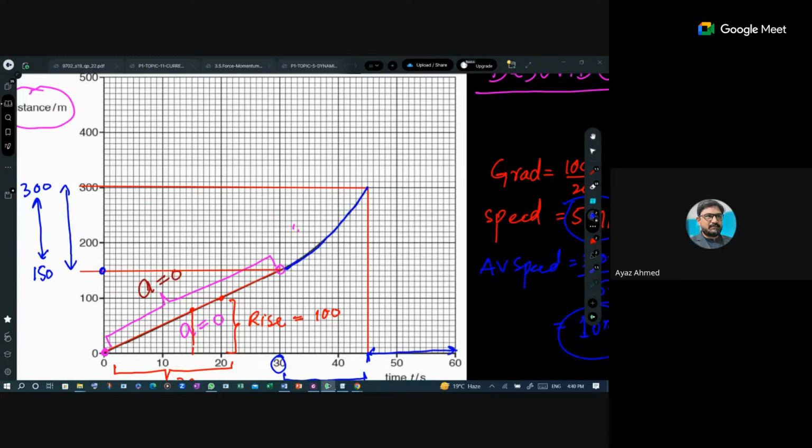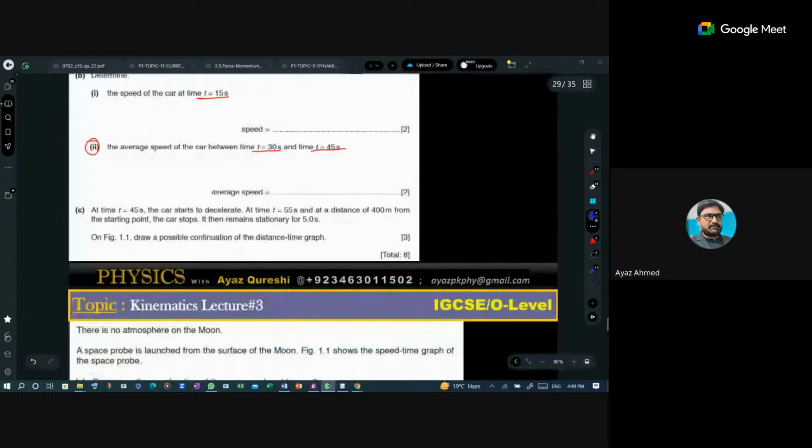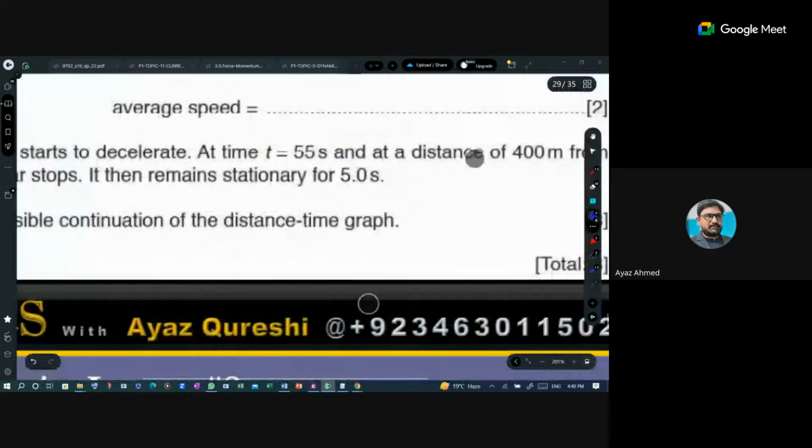This was the 45th second and this is 60 seconds. So this area is not yet completed. Whenever there is a graph like this that is not yet completed, be careful, you will be asked to draw the graph.